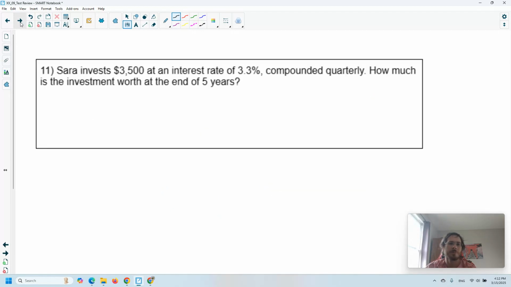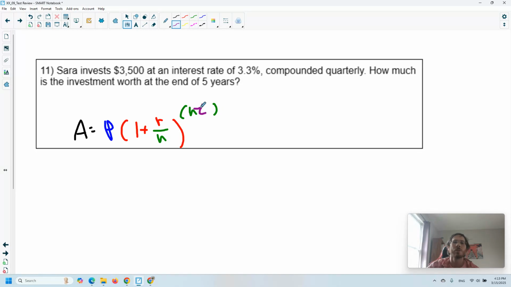All right, for 11, we got another equation that we had to remember. It's the interest rate equation. So our interest rate equation is the amount at the end is equal to the principal times 1 plus the rate divided by the number of times we're compounding, to the power of the number of times we're compounding and then the time in years. So that's all the pieces that we need for our interest formula.